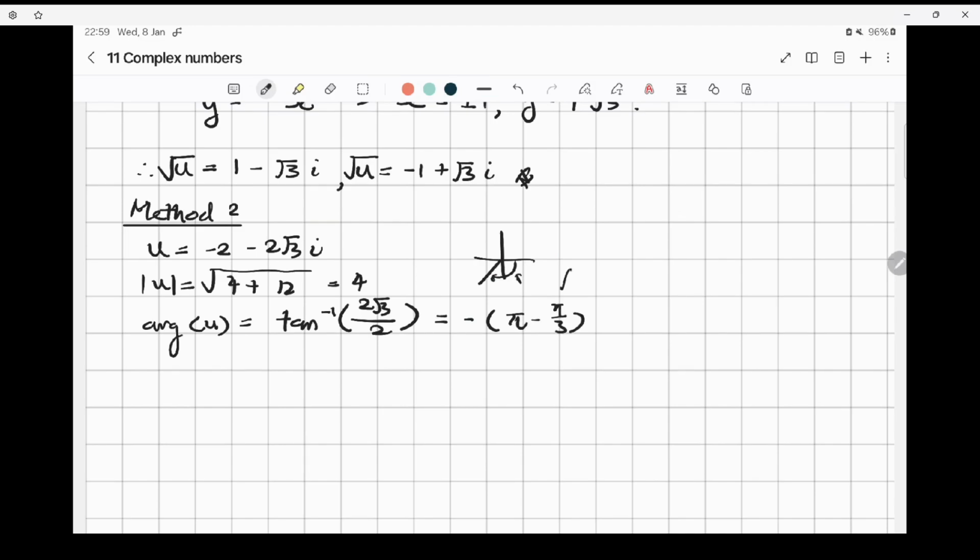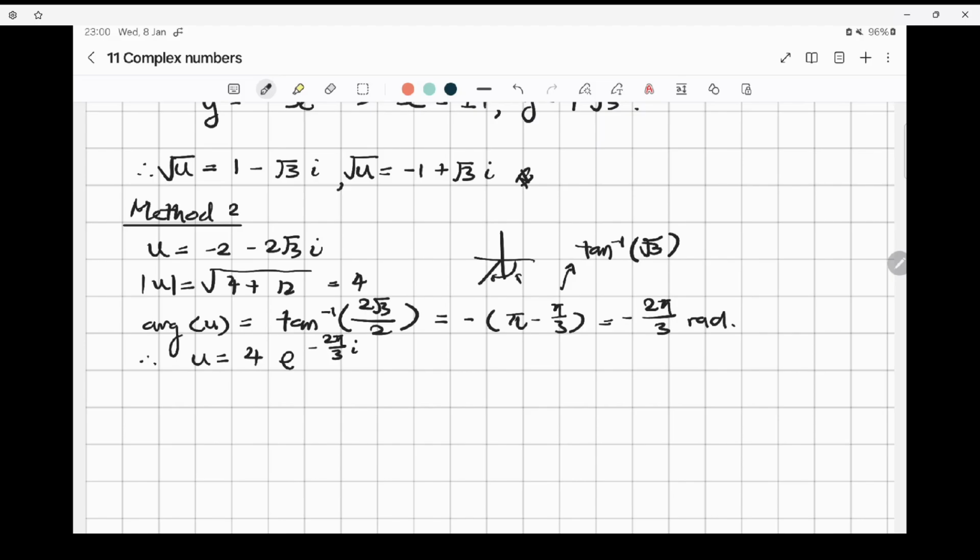So pi over 3 basically is coming from inverse tangent of root 3. Okay, so this gives you minus 2 pi over 3 radian. Therefore, your equation can be rewritten as 4e to the power of minus 2 pi over 3 i.